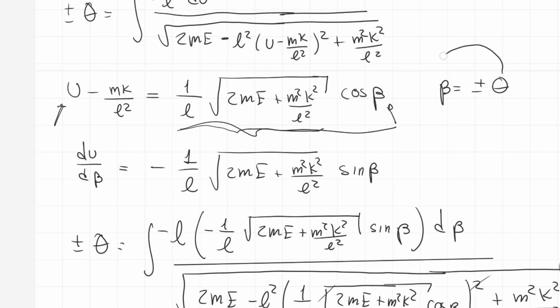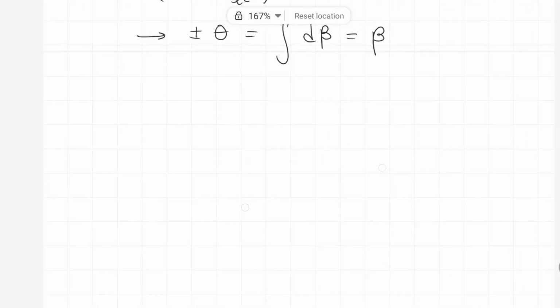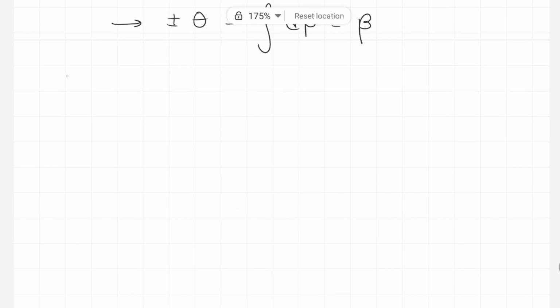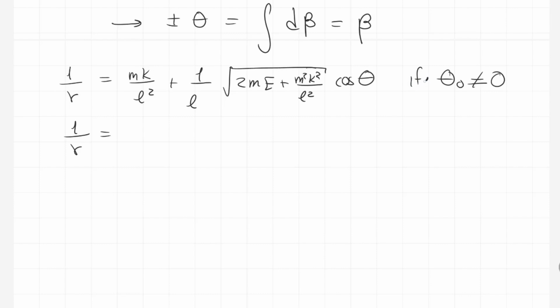So we can put theta inside here, and that will be the final result: 1 over r is equal to mk over L squared plus 1 over L times the square root of 2me plus m squared k squared over L squared times cosine theta. In a more general way, if, for example, theta 0 is different from 0, we are going to get the next result.